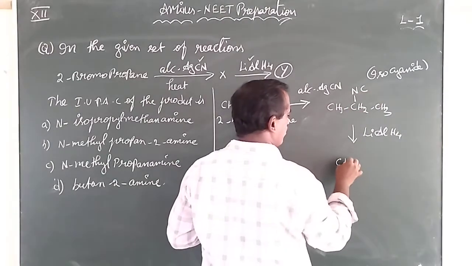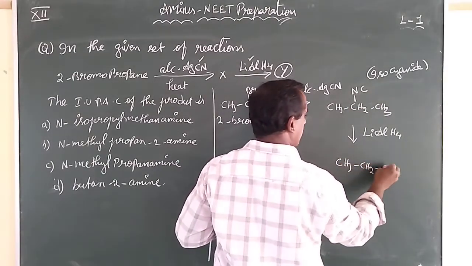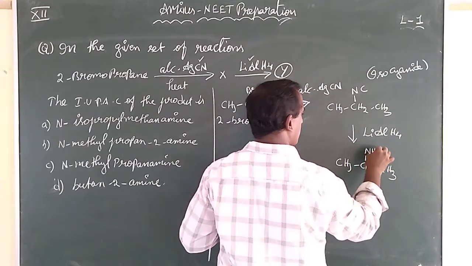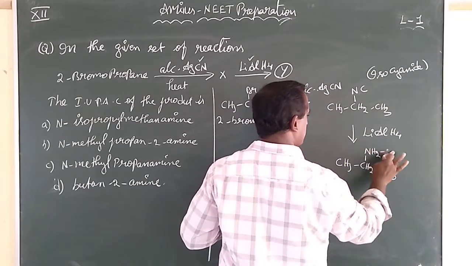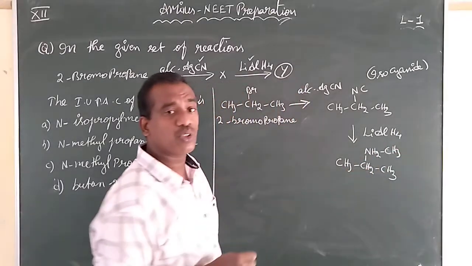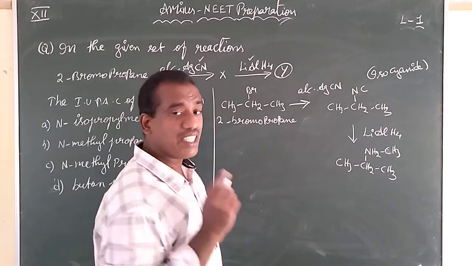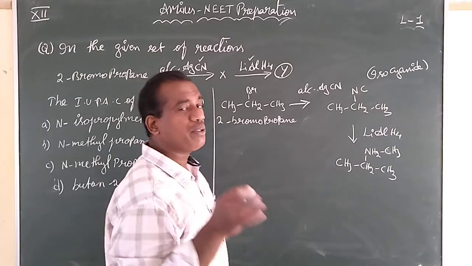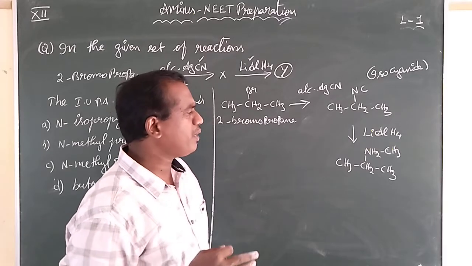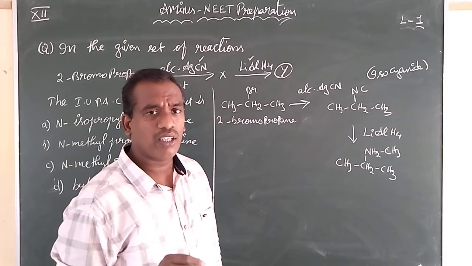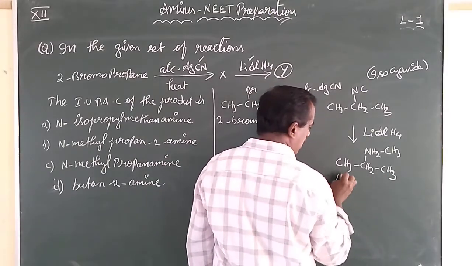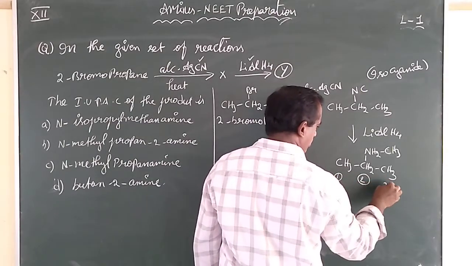Isocyanides will be reduced to the corresponding amines. Now, what will be the IUPAC name? In the IUPAC name, we need to find the longest carbon chain. What is the longest carbon chain? 1, 2, 3. This is the longest carbon chain.